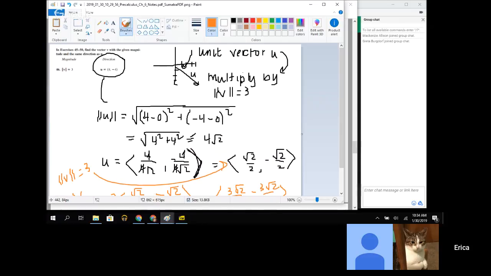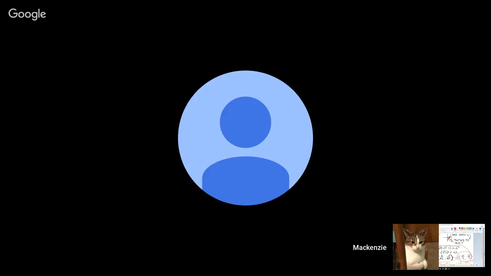So you have to find out what one unit of this vector is, which is this first part. So if I find the unit vector of this, which ends up being this, that's my unit vector. But I know I want it to be 3 long. So I take my unit vector and multiply it by 3. Okay, gotcha. Yeah.